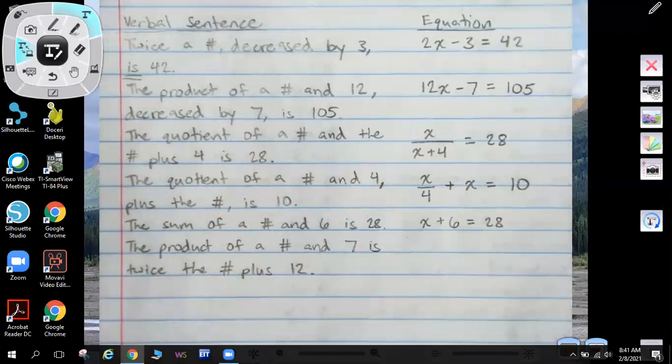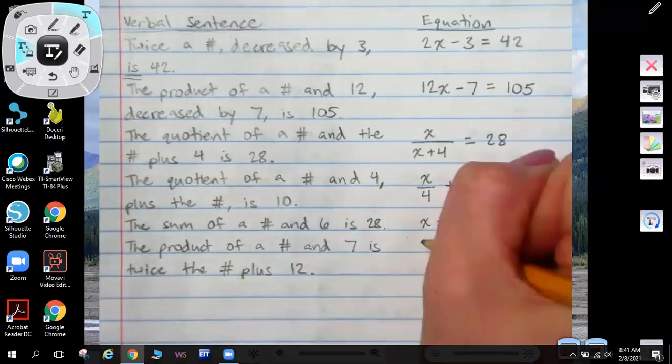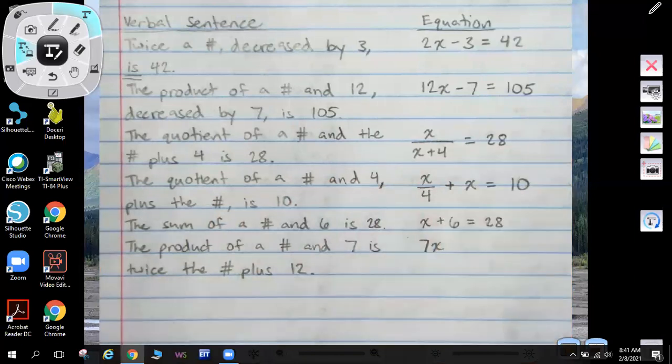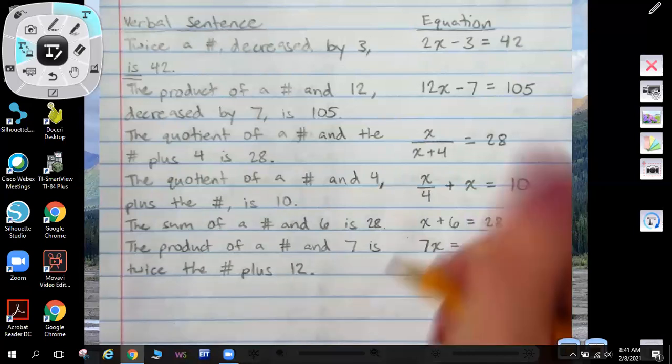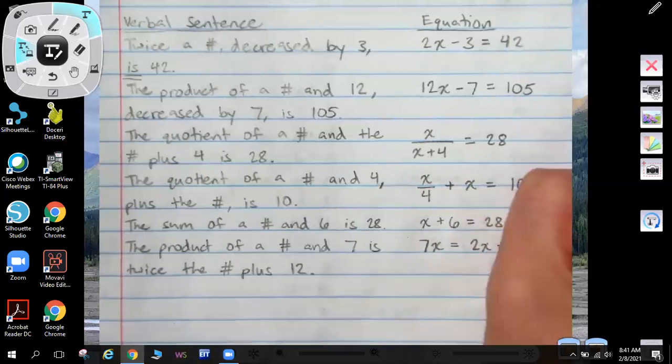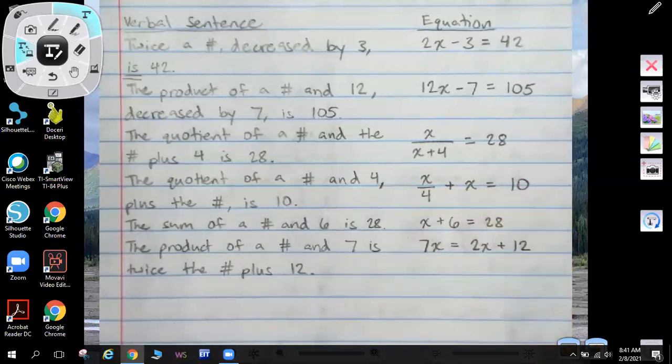The product of a number and 7, that would be written as 7x, is, so equals, twice the number, so 2x, plus 12. 7x equals 2x plus 12.